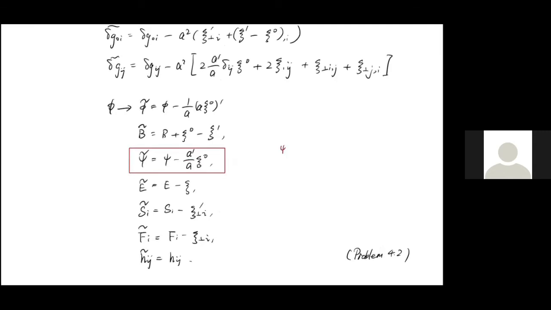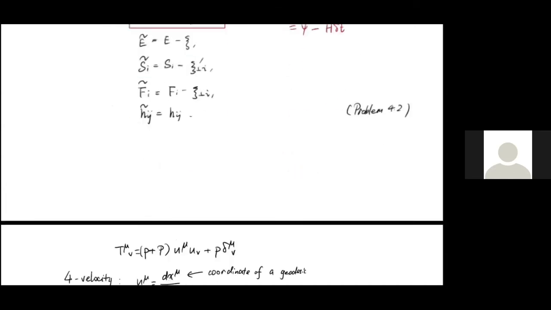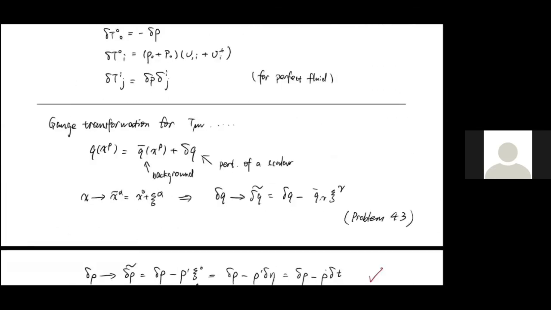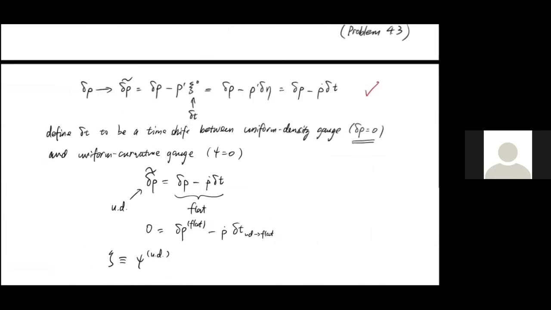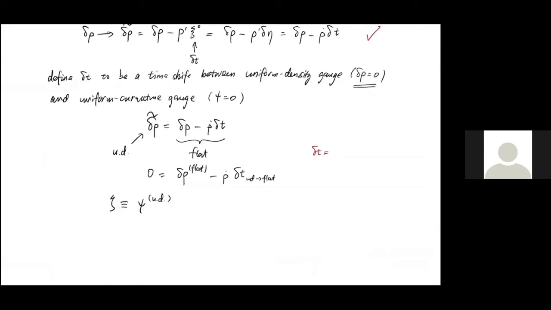So you know this is just psi minus H delta t, right? If you want to transfer it back. So we already know that delta t here is delta rho over rho dot.